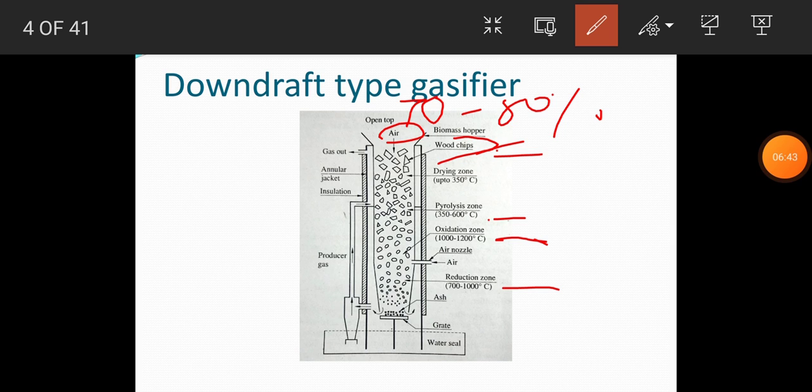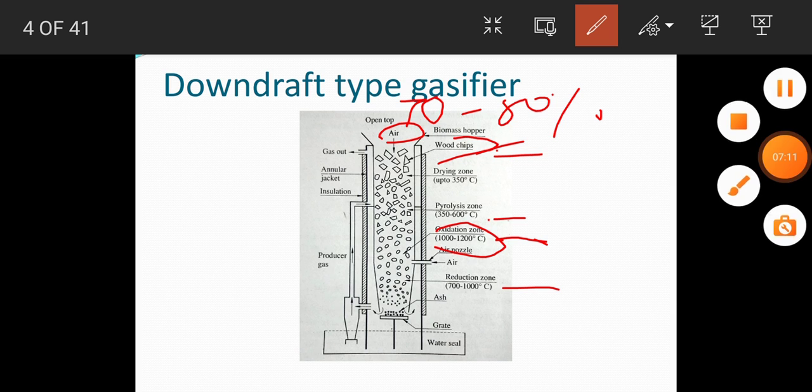Combining the open top with the air nozzle towards the bottom of the reactor helps in stabilizing the combustion zone by consuming the unconverted char left and also by preventing the movement of the flame front to the top. The tar is thus eliminated in the best possible way by creating a high temperature oxidation zone.